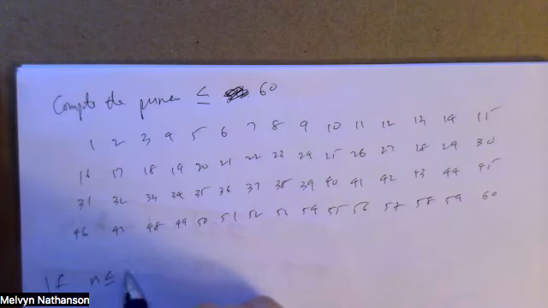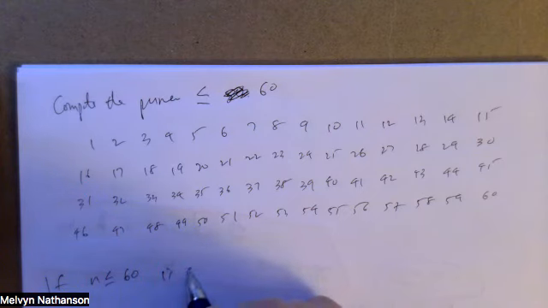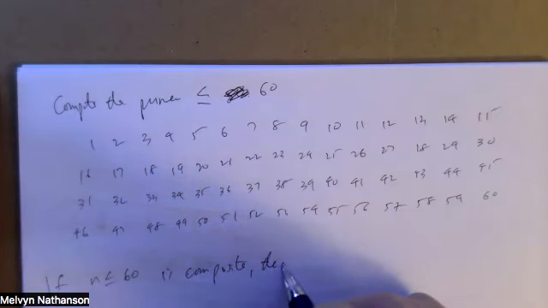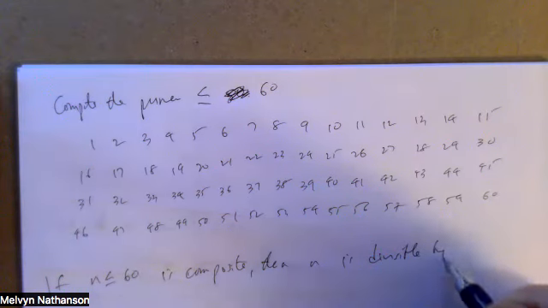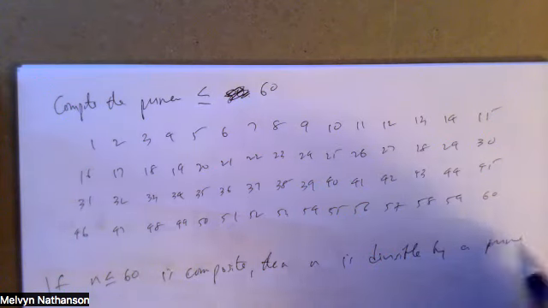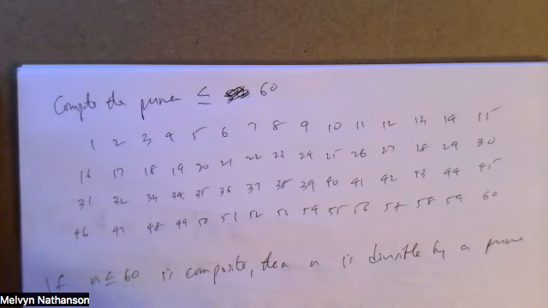If n less than or equal to 60 is composite, then n is divisible by a prime p, which is less than or equal to the square root of 60. And the square root of 60 is less than 8, certainly. So what are the primes less than 8?